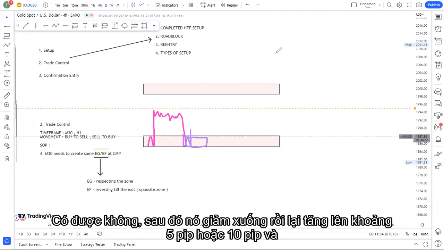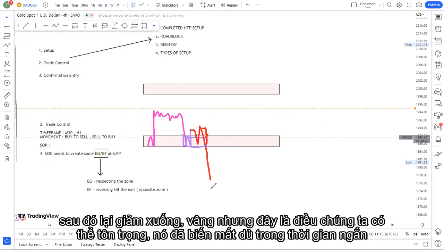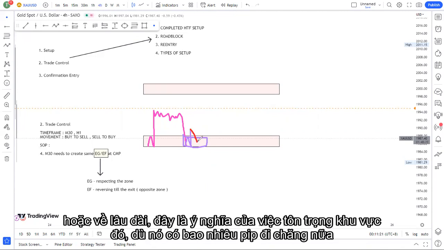Then it goes down, then goes up for about 5 or 10 pips and then goes down again. But this is what we call respect. It went up, no matter short or long. This is the meaning of respecting the zone, no matter how many pips it is.